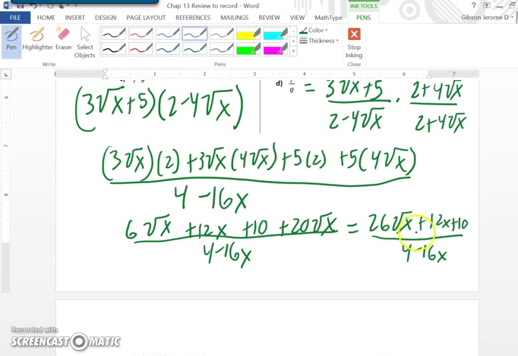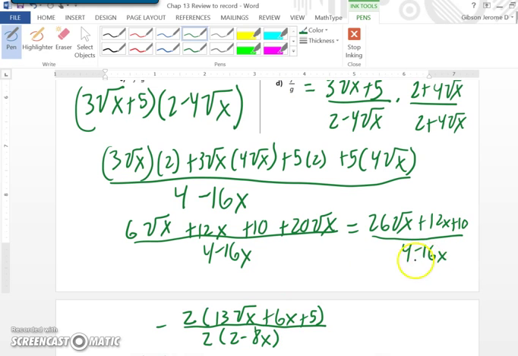Now we can simplify this because 26 square root of x, 12x, and 10 all have 2 in common. And 4 and 16 also have 2 in common. So we'll factor out a 2 here, and that'll give us 13 square root of x plus 6x plus 5 all over, we could factor out a 2 here, and this will give us 2 minus 8x.